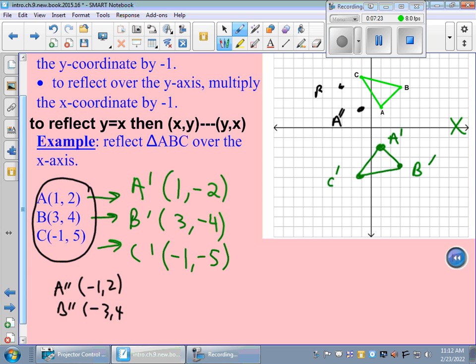This is our B double prime. And then C double prime actually flip-flops across. That becomes a +1 and 5. That's why I wanted to show you this one. And then you can see they kind of overlap. That's how it goes sometimes.